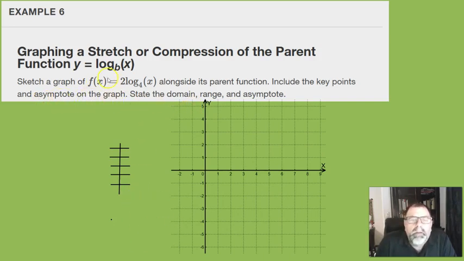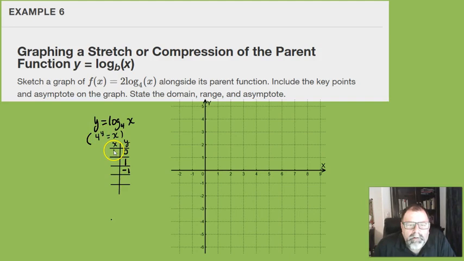All right, so the base graph is just the log base 4, or the parent function again. So y equals log base 4 of x. So again, the way I do it is I think of the exponential form. 4 to the y is equal to x. And I'm going to put in 0, 1, negative 1.